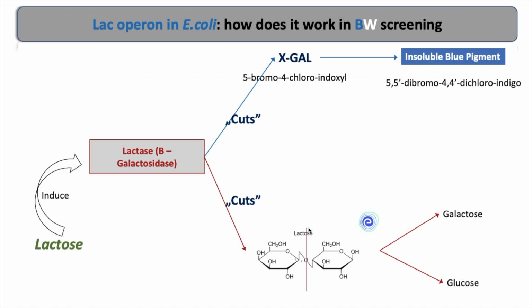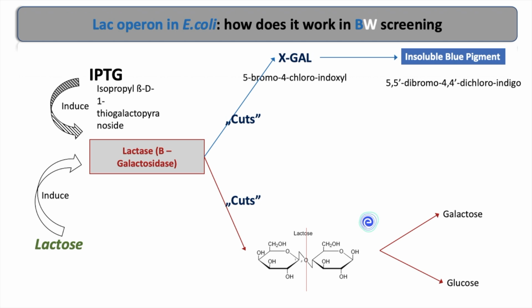You could induce lactase with lactose, however, in blue-white screening they used another compound which is called IPTG. Why would you induce with IPTG when you have lactose, you might ask? Well, the answer is pretty simple actually. E. coli utilizes lactose as a fuel source. So basically whenever you induce with lactose, E. coli will consume this lactose.